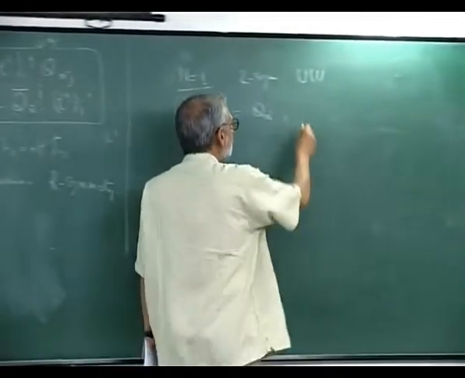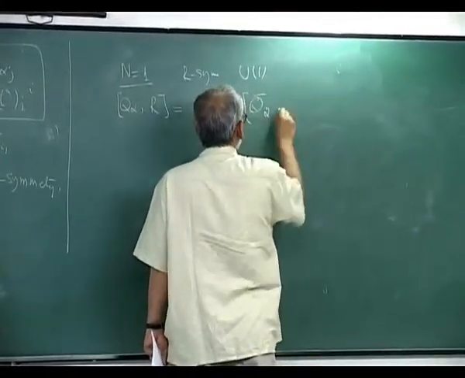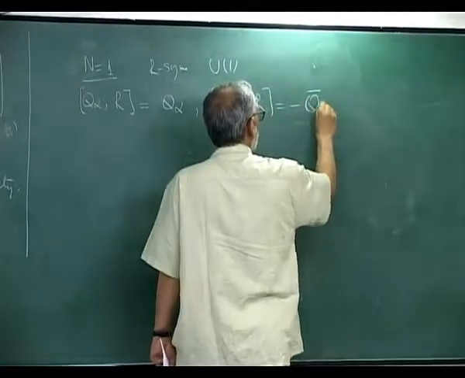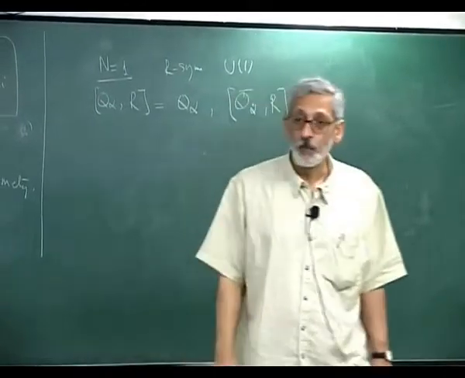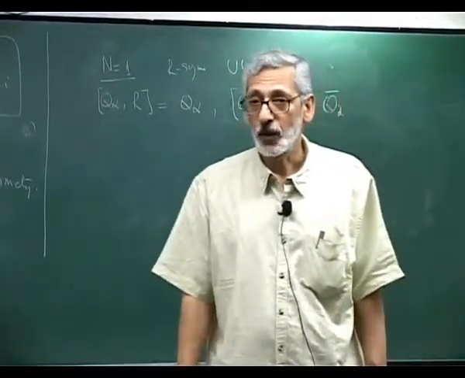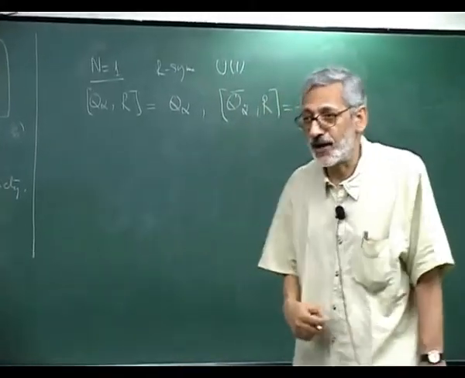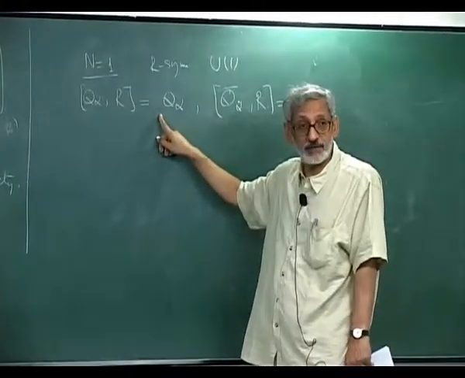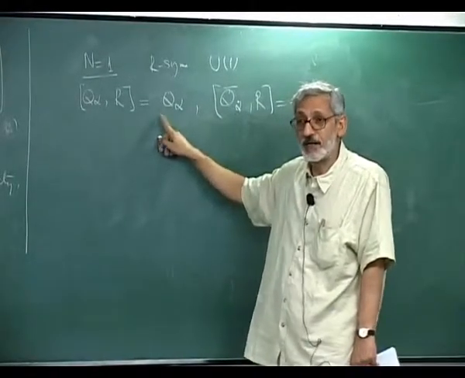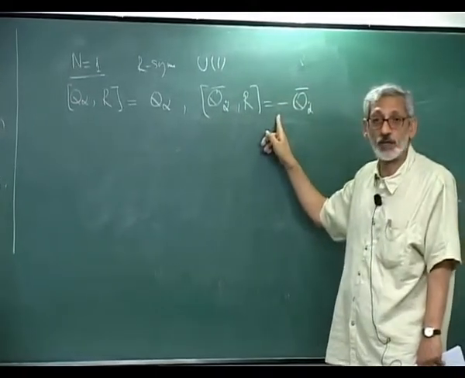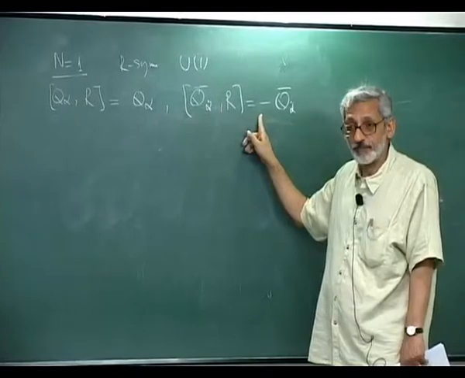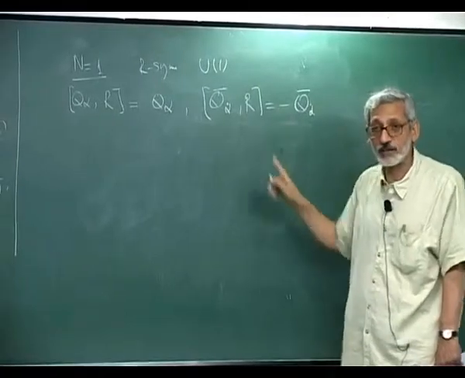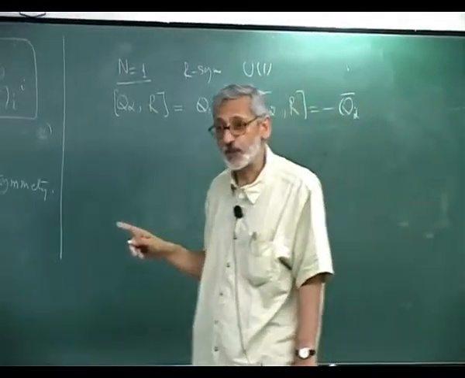And the commutator of Q bar alpha dot with R is minus Q bar alpha dot. Which means that this U(1) charge R is plus 1 for left-handed spinorial charges and minus 1 for the right-handed ones, which means this charge is chiral. It distinguishes left-handed and right-handed spinorials.